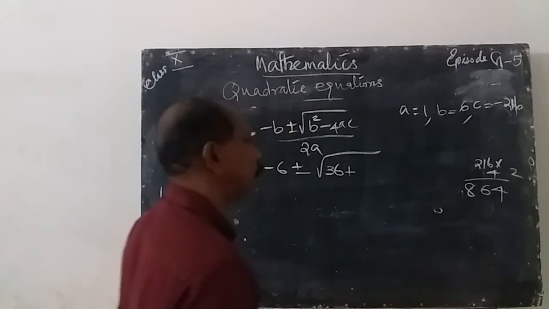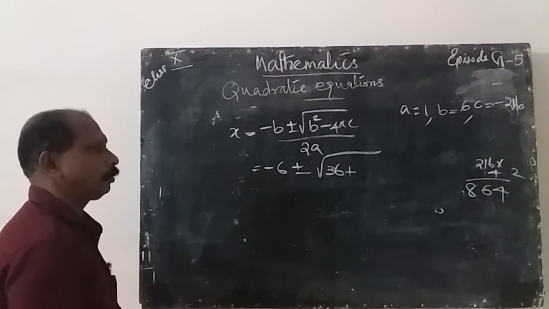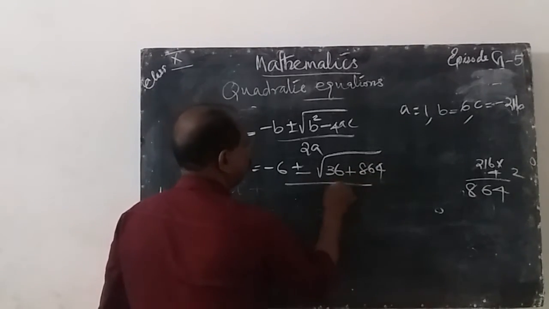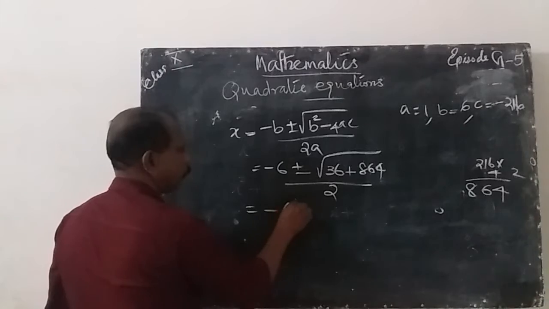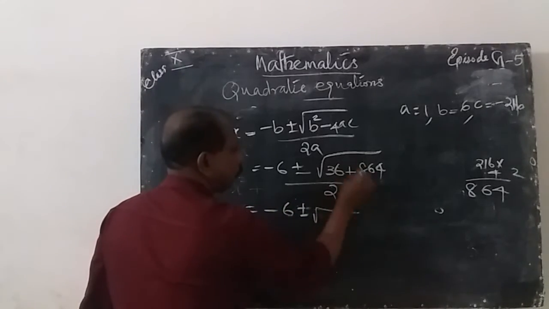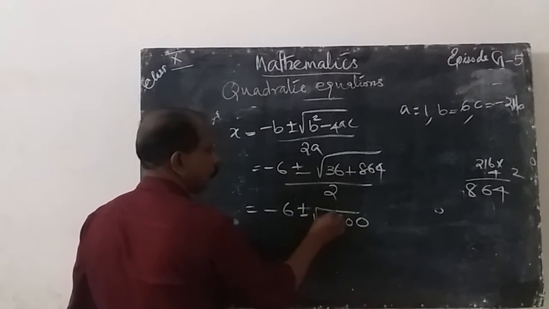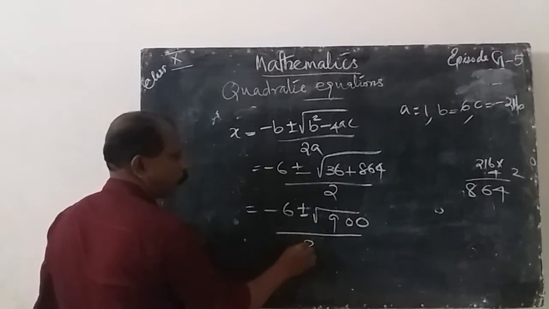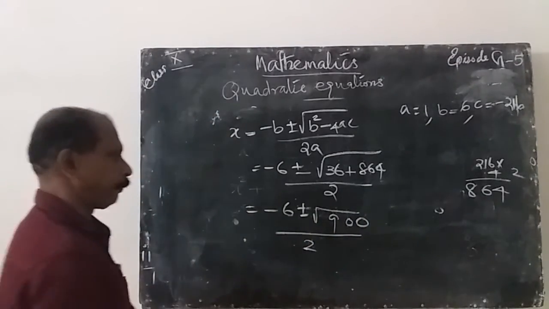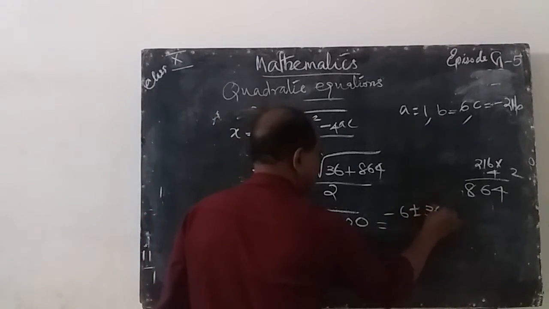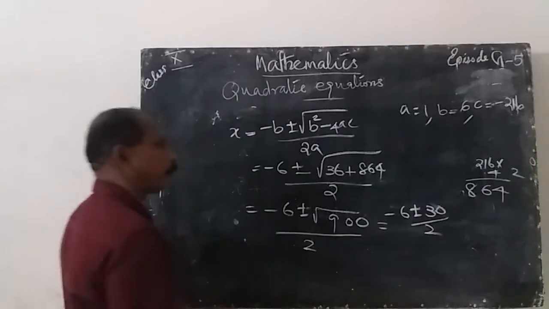That is 864 divided by 2. 900 by 2, that is 30 square. Therefore, that is equal to minus 6 plus or minus 30 by 2.